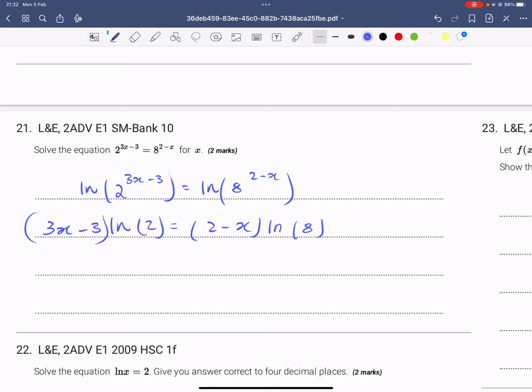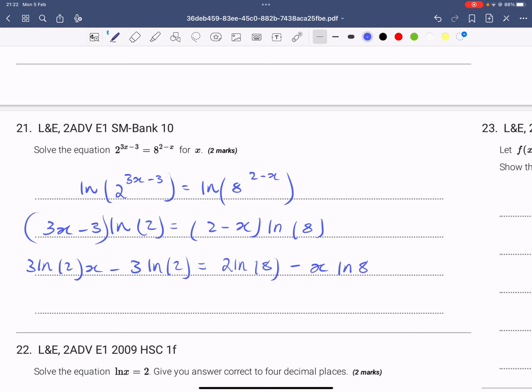We're then just going to expand. It's not going to be pretty, but we're going to expand this here. So we've got 3 ln of 2x minus 3 ln of 2 is equal to 2 ln of 8 minus x ln of 8.